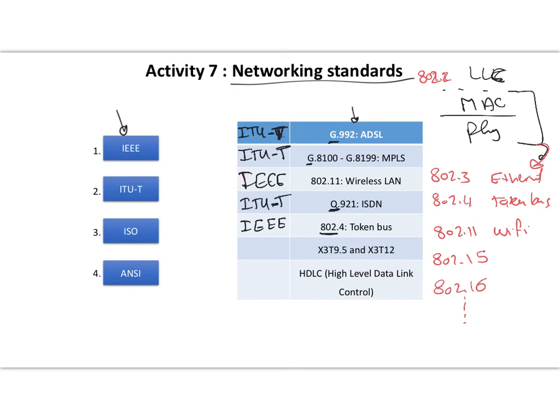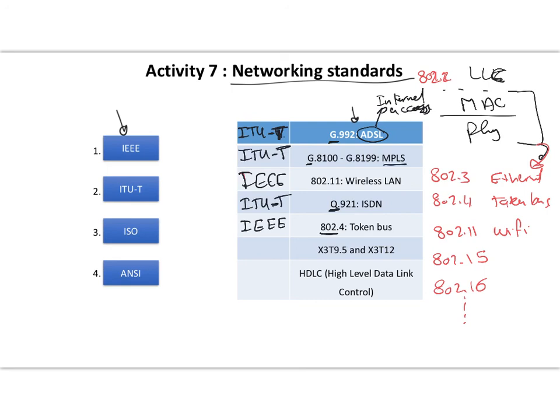ITU is responsible for standardizing only the physical layer, which is hardware of course, only the physical layer for certain types of physical medium. Like ADSL, we talked about digital subscriber line, which is used for internet access. So only the physical layer part.